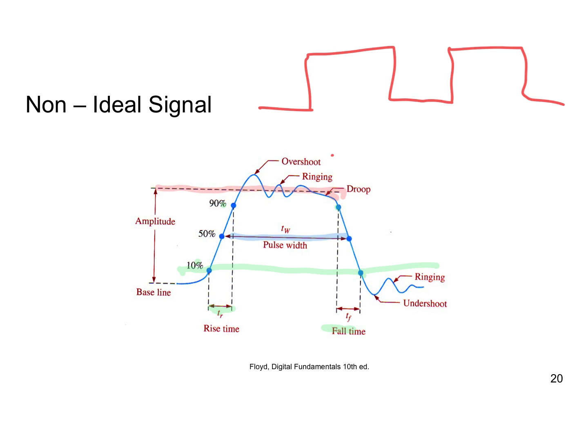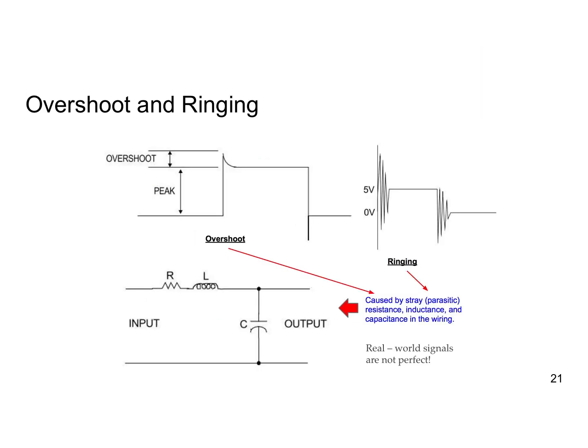So this is looking more like a real world pulse. They're not all just pretty and square. If only, eh? A few notes about overshoot and ringing. Overshoot is that little bit there, and undershoot is that little bit there.